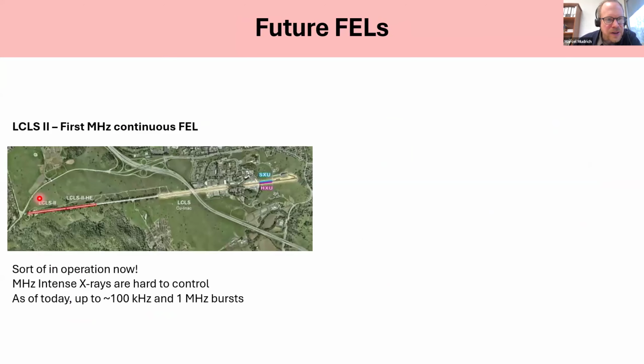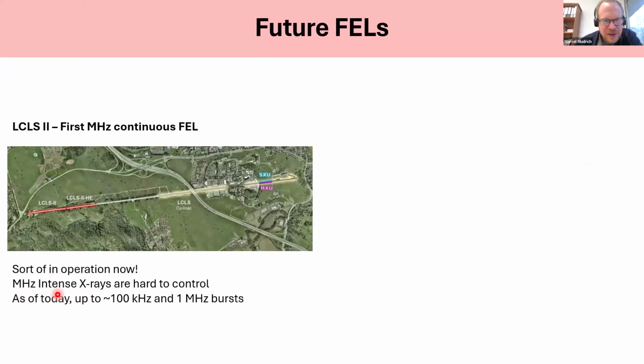There are a few more FELs in the pipeline, like LCLS-II, an upgrade of LCLS in the US, which is kind of working. The main new feature was supposed to be that this now also uses superconducting accelerators, which should eventually provide pulses at a continuous megahertz repetition rate.